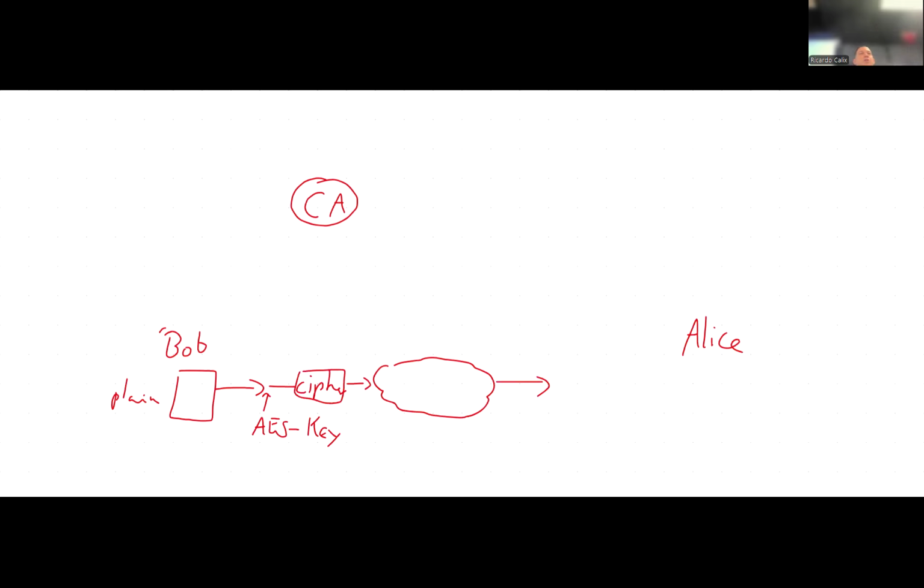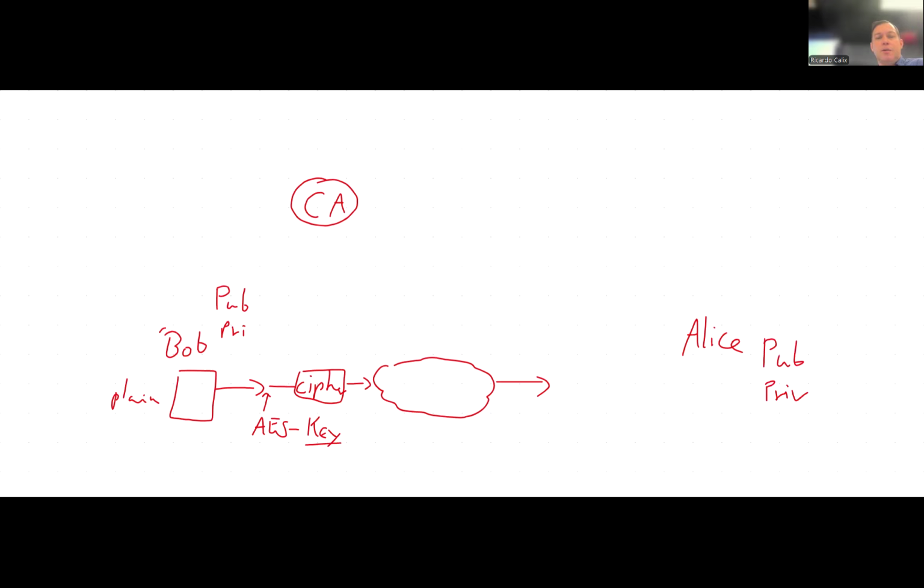But then how do you exchange the key? You already know how to do that as well, right? Bob has a public and a private key, and Alice has a public and a private key. This AES key needs to be exchanged securely. So how do you encrypt the key?